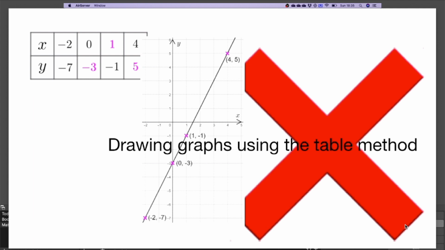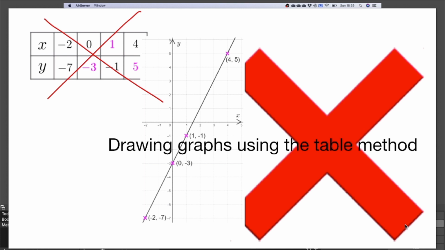Before we continue and look at examples, I just want to remind you that whereas you could use the table method in grade 9 and 10 to draw these graphs, this will no longer be necessary. This will actually not work well for us because we have so much work to do and we cannot waste our time drawing the tables of values.